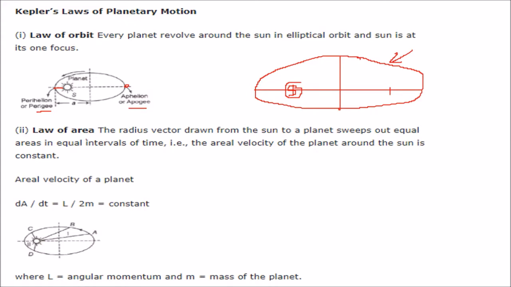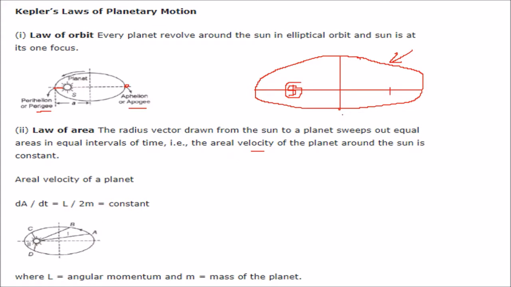Then Kepler's another law, which is the law of area. The radius vector drawn from the sun to the planet will sweep equal areas in equal intervals of time. This means the areal velocity of the planet around the sun is constant.